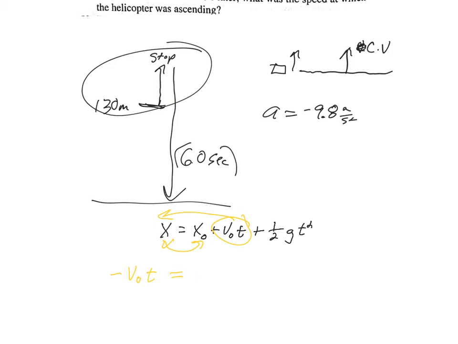It should be final minus initial. I have to subtract this final from both sides. Whoops, let me get back to a pen here.